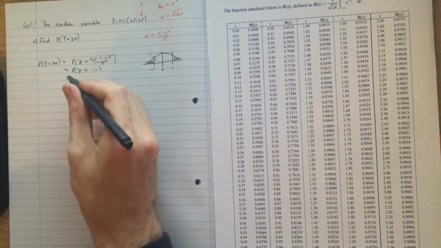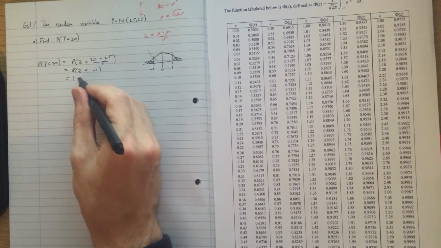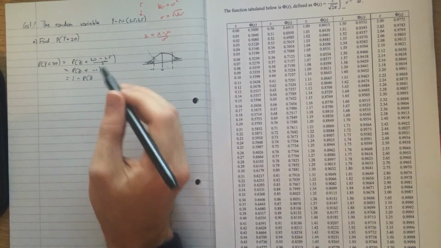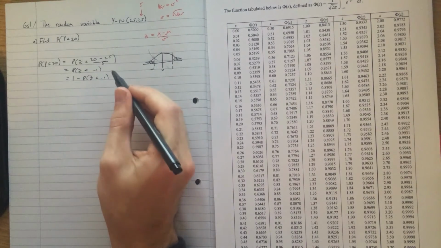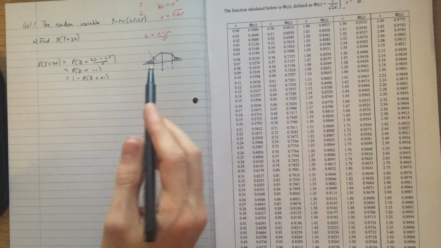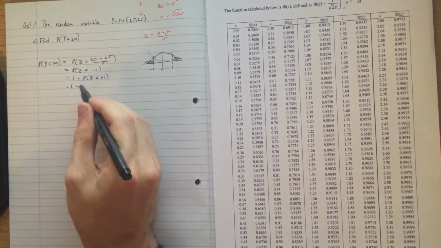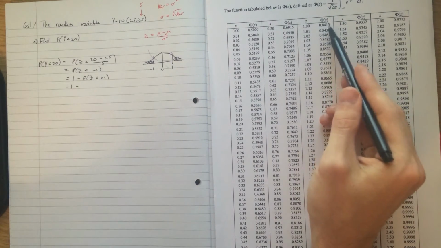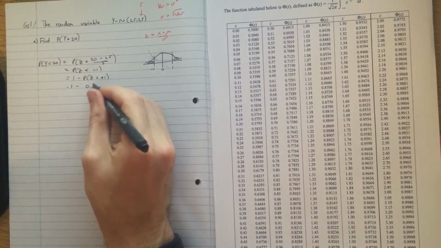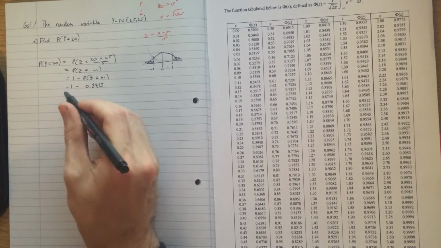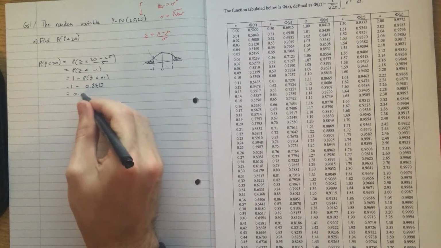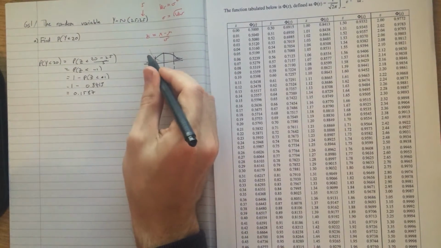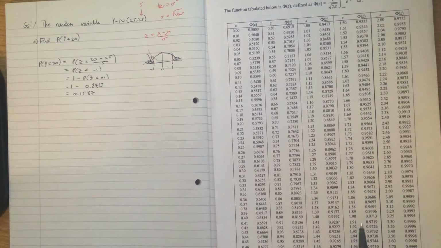So we simply do 1, remember the area under the graph is equal to 1, minus the probability of z being less than 1. Find 1 on the table: 0.8413. 1 minus 0.8413 comes to 0.1587, and that's this area here. So we've answered the question.